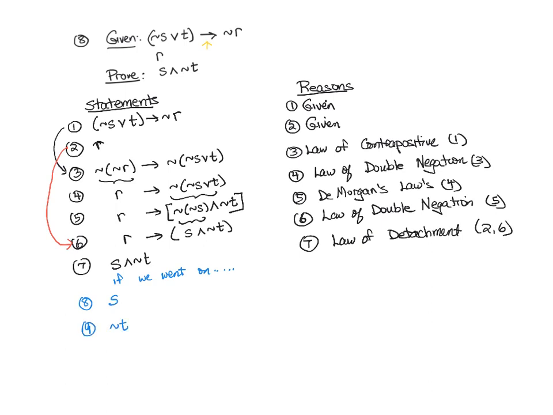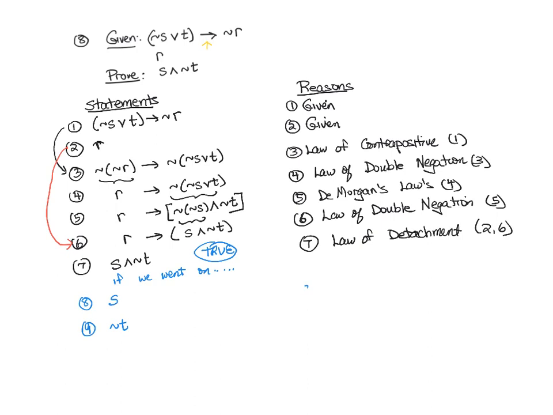Can you think of a reason why both S and not T are both true? Well, again, whatever goes in the statements column must be true. And if a conjunction is true, then both of its conjuncts must be true.